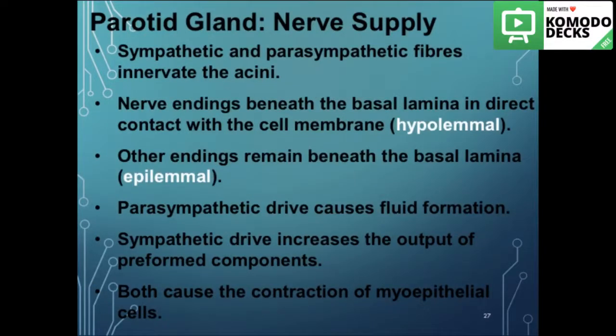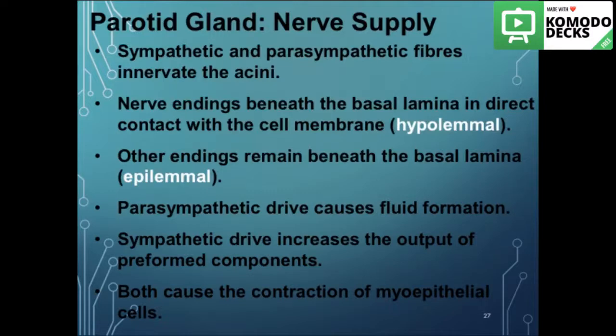As we said, there is sympathetic and parasympathetic innervation of these acini. The nerve endings beneath the basal lamina come in direct contact with the cellular membrane, called hypolemmal, or they remain on the other side of the basal lamina, over the cells.